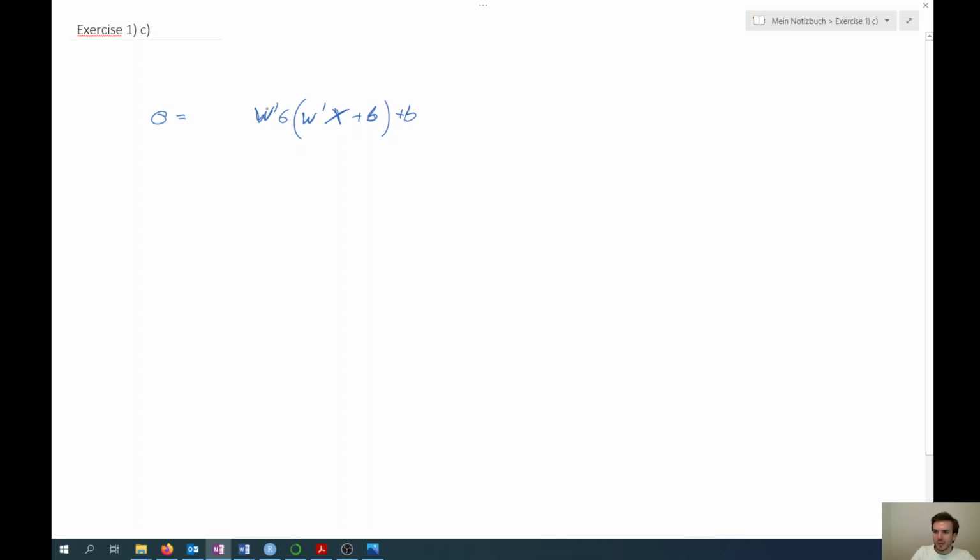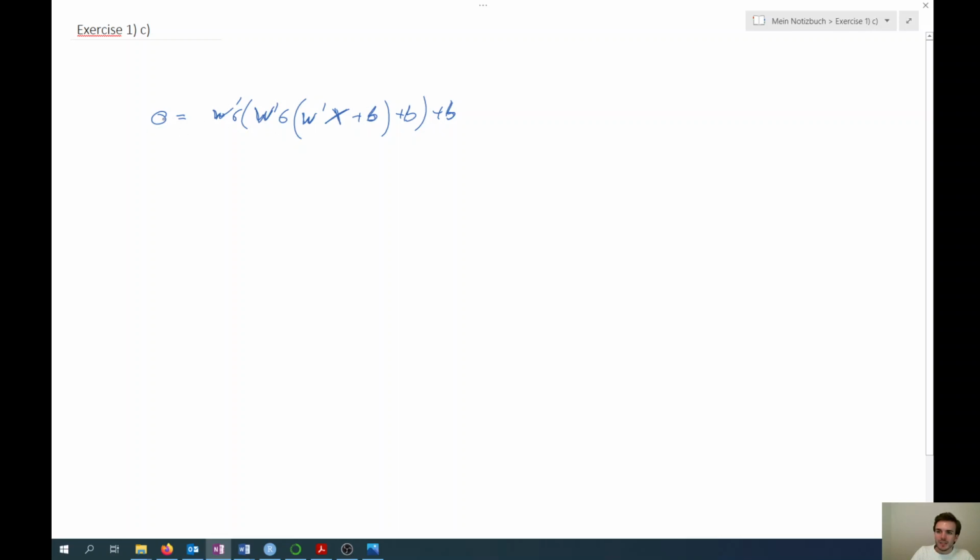Or first of all, we have to pass this to an activation function of the second hidden layer. And now we can pass this to the output, and the output has a weight matrix itself, and we add the biases for the output.